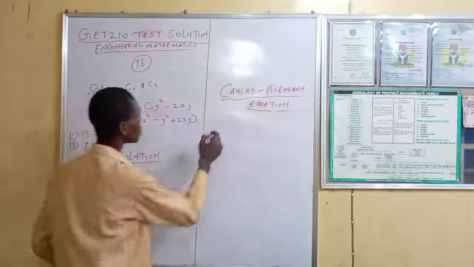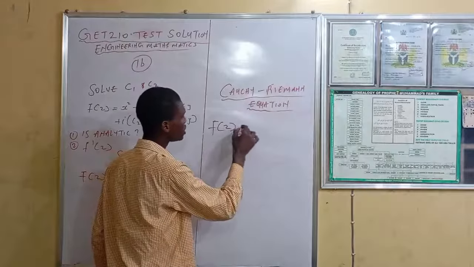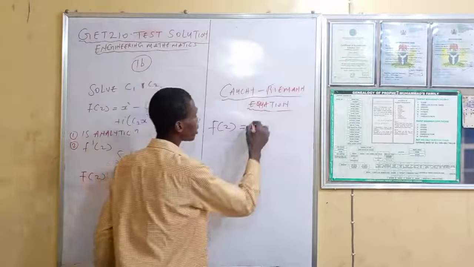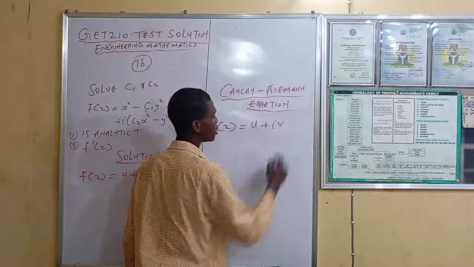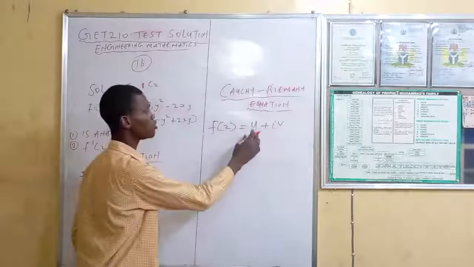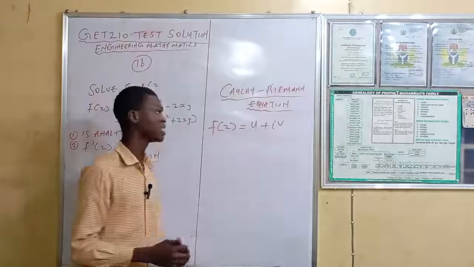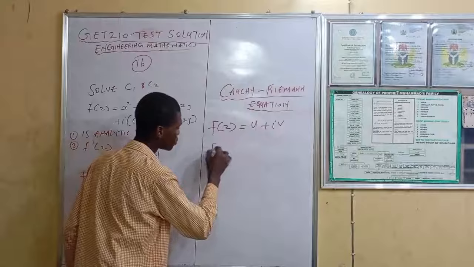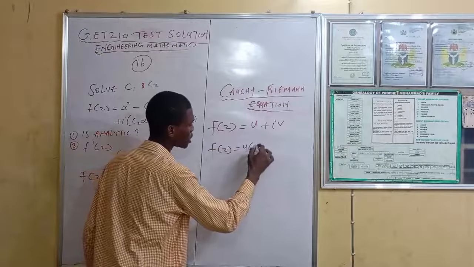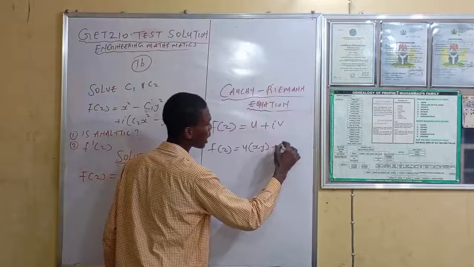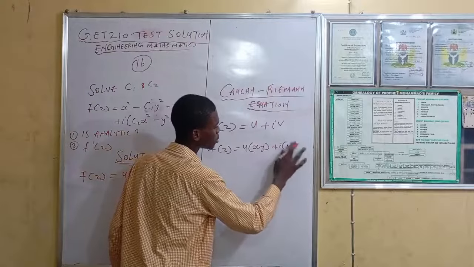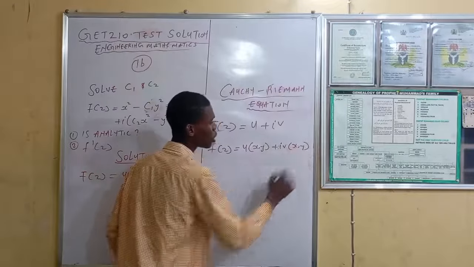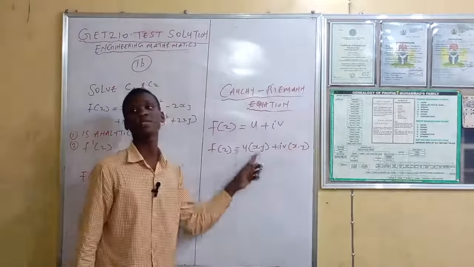Let's say we are given a function of z, and this function has to be expressed as u plus iv, where u is the real part of z and v is the imaginary part of z. But I can still write this function as u(x,y) plus i v(x,y). What I'm saying is that this function is still the same thing as this.